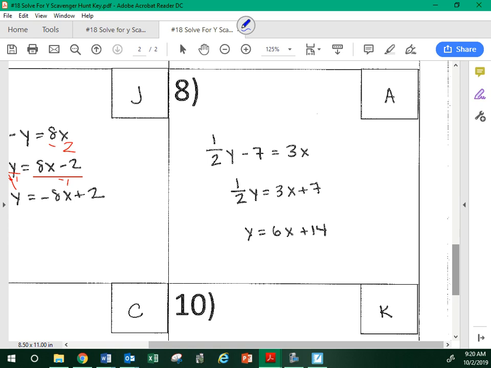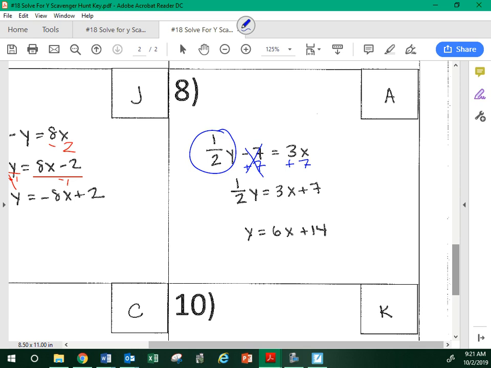Again, I need to get y by itself. So I'm going to first get rid of anything else. Opposite of negative 7 is plus 7. Plus 7. I have 1/2 y. I can't combine 3x and 7. One has an x, one does not. They're not the same term. 3 cookies, 7 numbers. They don't go together. So I have 3x, positive, and positive 7.